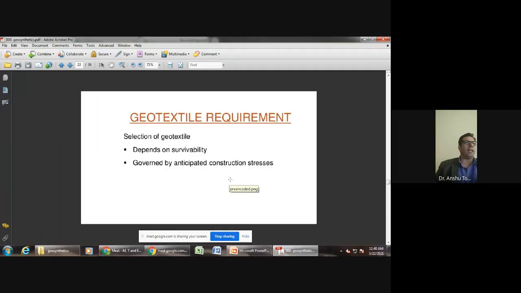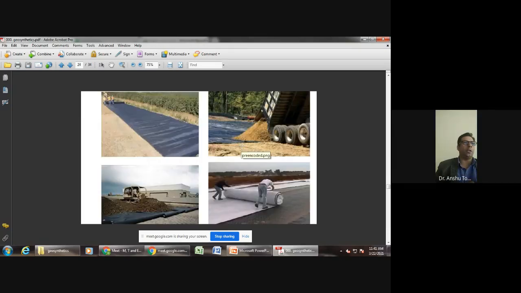We have got some factors here. What are going to be the parameters of selection of geotextile requirement? Depends on survivability governed by anticipated construction stresses. These are some of the factors which are important and critical as far as the decision or the selection of the geotextile is concerned.